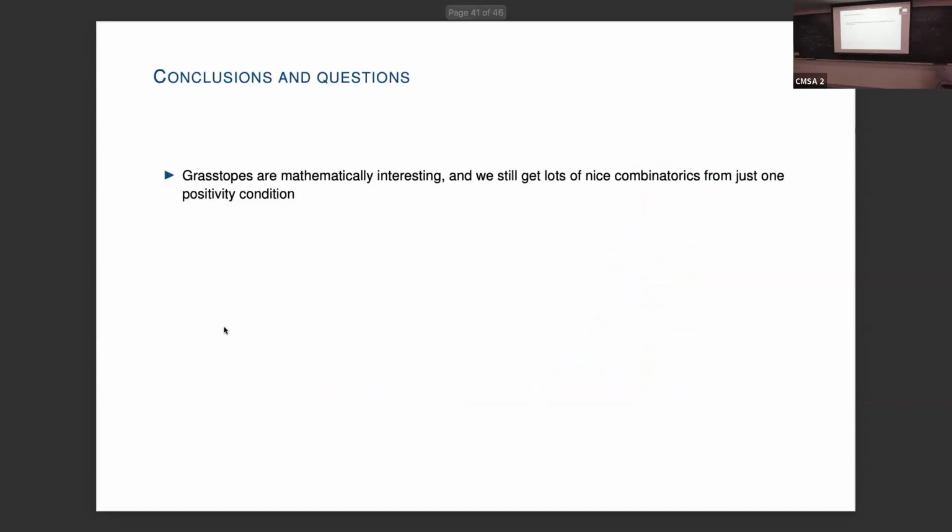All right, so just some concluding remarks. Hopefully I've convinced you that Grasstopes are at least mathematically interesting, and even though we've dropped the positivity condition on the matrix Z, we still get lots of nice combinatorics and structure from just the one positivity condition that comes from us starting with the positive Grassmannian.